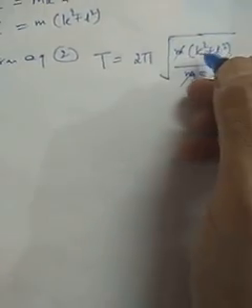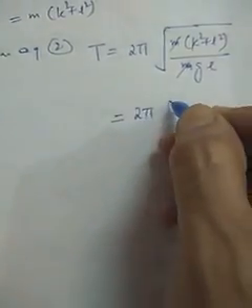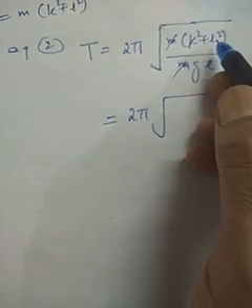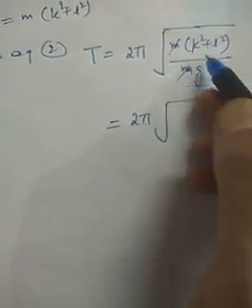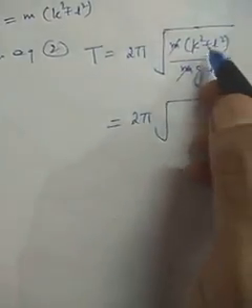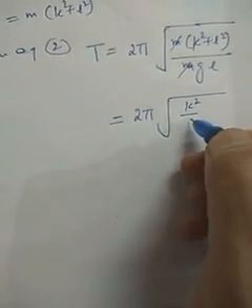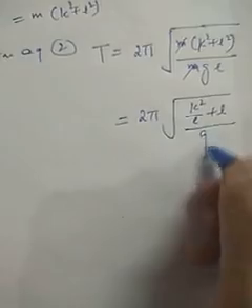M cancels with m. Taking L to the numerator, can I write it as k square upon L plus L, divided by g.